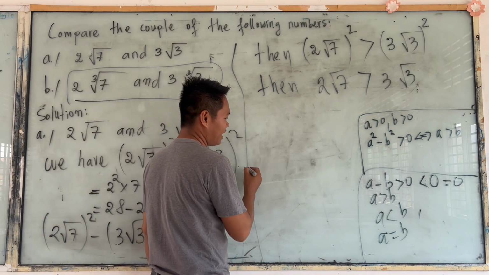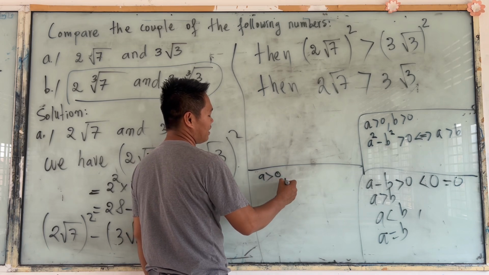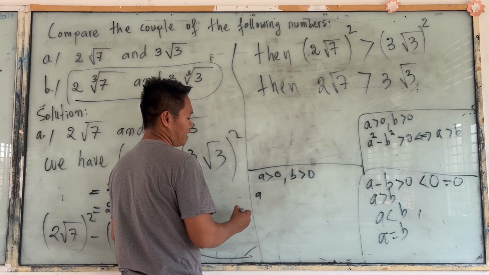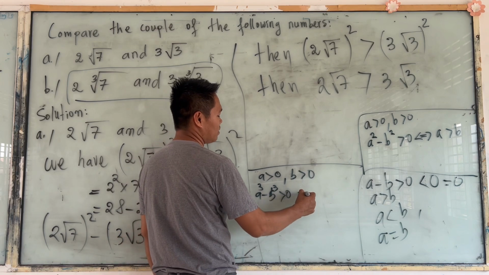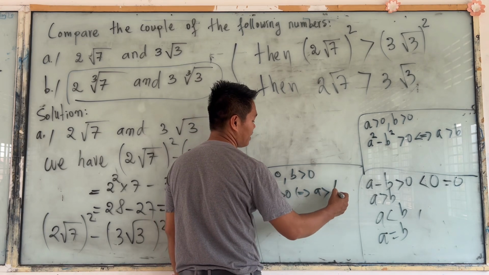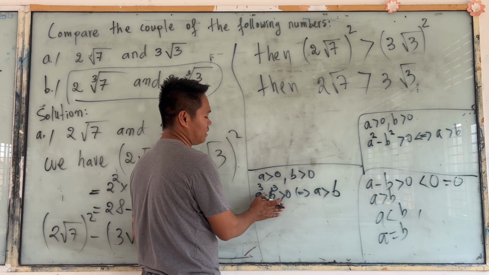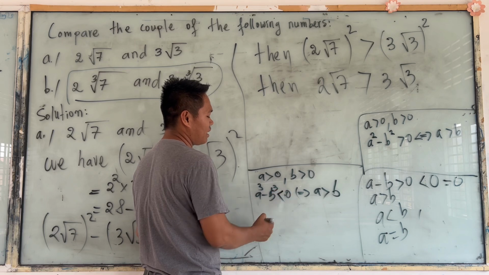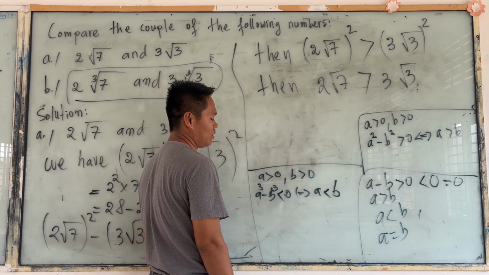When A is greater than 0 and B is greater than 0, we have A power 3 minus B power 3 greater than 0, which is equivalent to A is greater than B. And if you change the direction, if this one is less than 0, you get A less than B also.